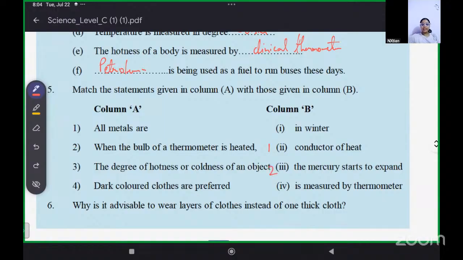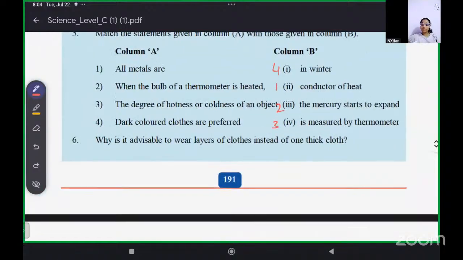Yes. Anna, the degree of hotness or coolness of an object is measured by a thermometer. Yes. And Emma, dark colored clothes are preferred in winter. Yes. Good.